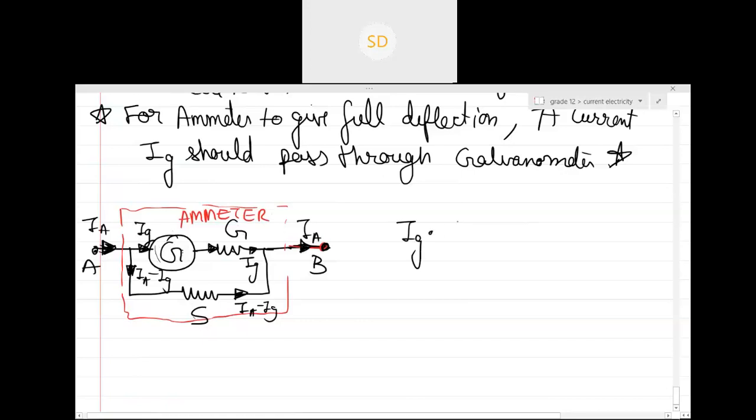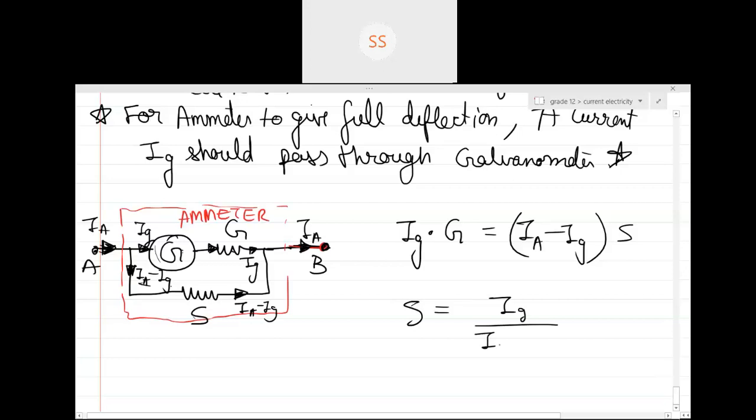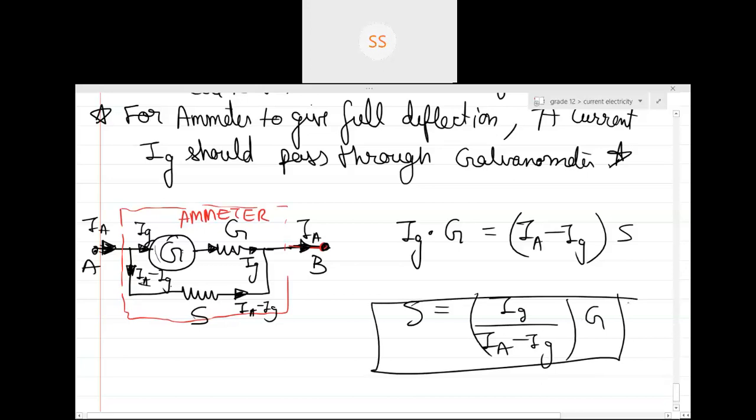So can I say Ig multiplied by G should be equal to Ia minus Ig into S. Yes or no? So from here, can you see, S equals Ig upon Ia minus Ig into G. This is how you calculate how much shunt has to be.